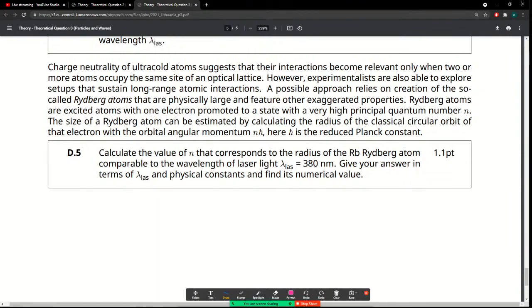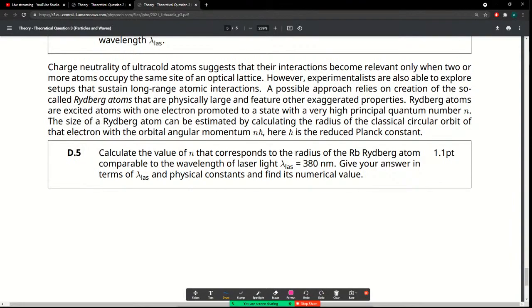The size of a Rydberg atom can be estimated by calculating the radius of the classical circular orbit of that electron with orbital angular momentum nħ, where ħ is the reduced Planck's constant. Calculate the value of n that corresponds to the radius of the Rydberg atom comparable to the wavelength of laser light, 380 nanometer. Give your answer in terms of lambda laser and physical constants and find the numerical value.